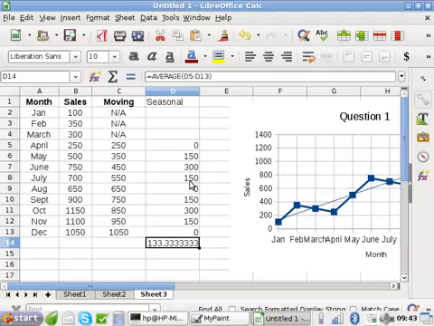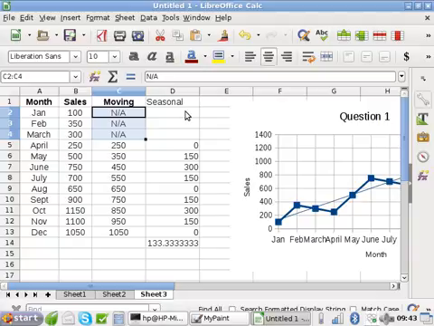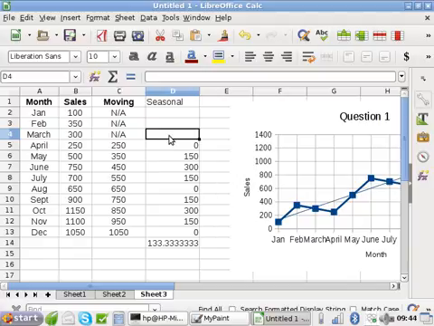Now you notice that here the seasonal part actually is repeating. Can you see here it goes 0, 150, 300, 150, 0, 150, 300, 150, 0. So although you don't have the numbers here, you could still actually write in this part here because it's repeating. So what number do you think I would need to put here? 150. Very good, 150.